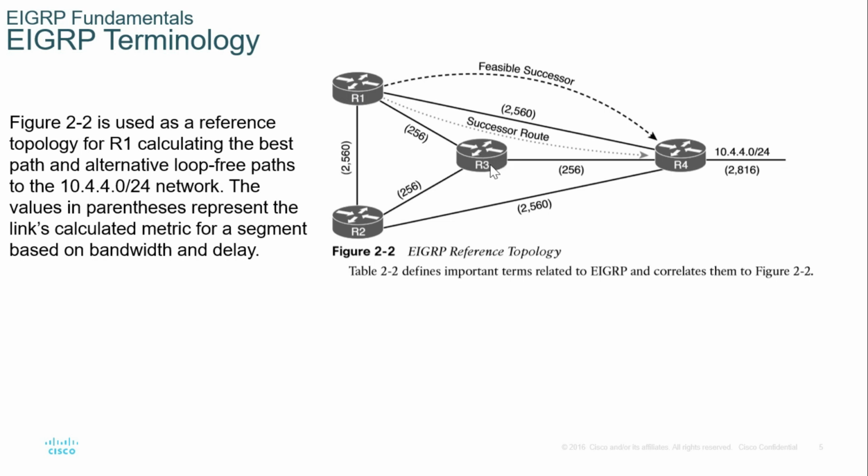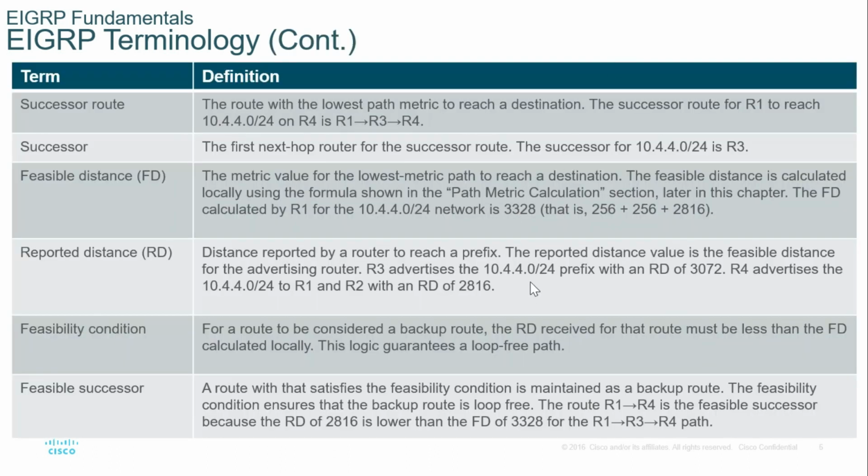The reported distance adalah distance being reported from the neighboring routers. So, the example given here adalah router 3 advertises the 10.4.4 prefix with a reported distance of 3072.